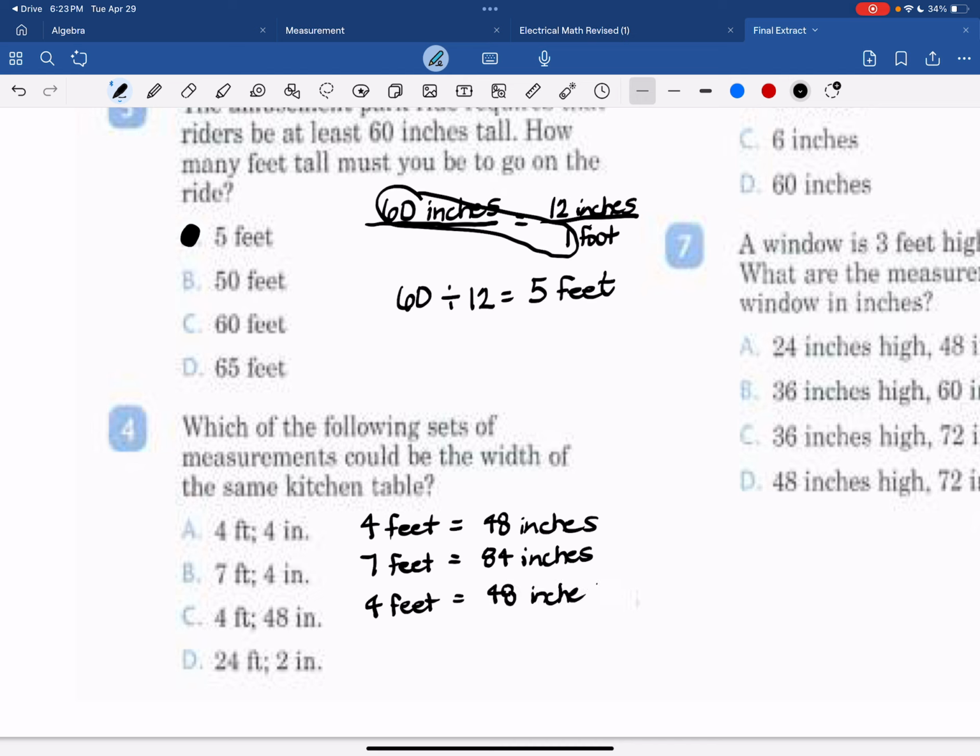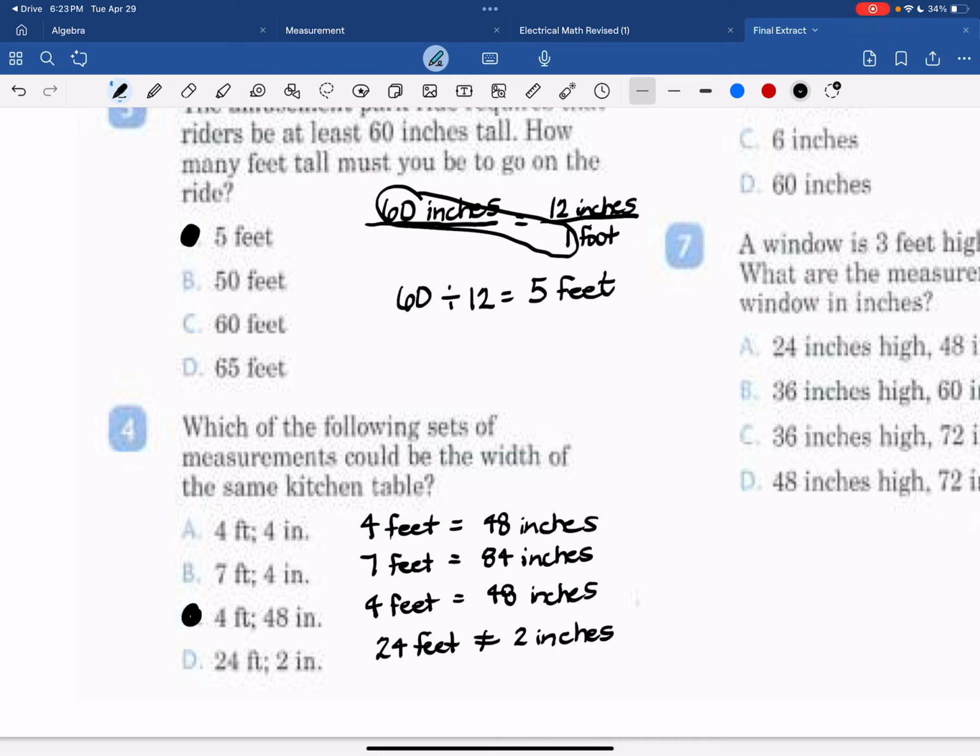That's the answer. 24 feet does not equal 2 inches. I won't take the time to multiply that one, but I know that can't be true. So C as in Charlie is your answer there.